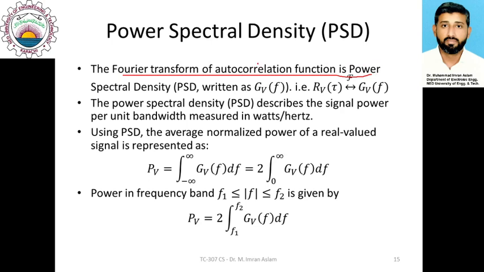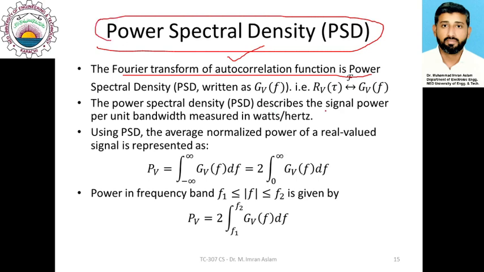What is this power spectral density? Practically, this PSD represents the distribution of signal power in the frequency domain. In other words, it is signal power per unit bandwidth. It's measured in watts per hertz. It is not power, it is related to power.